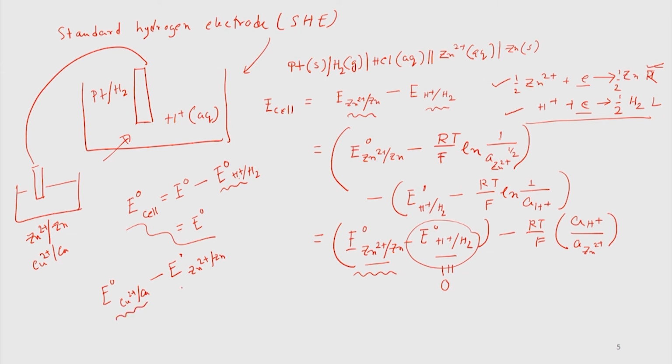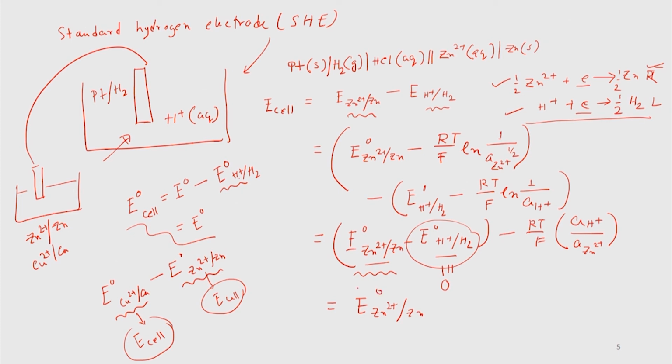So, these two were each measured as an E cell of the cell where one component was the standard hydrogen electrode. That way each one of them was measured with respect to the standard hydrogen electrode, which we took as 0. Then we can easily figure out that it will be nothing but E0.